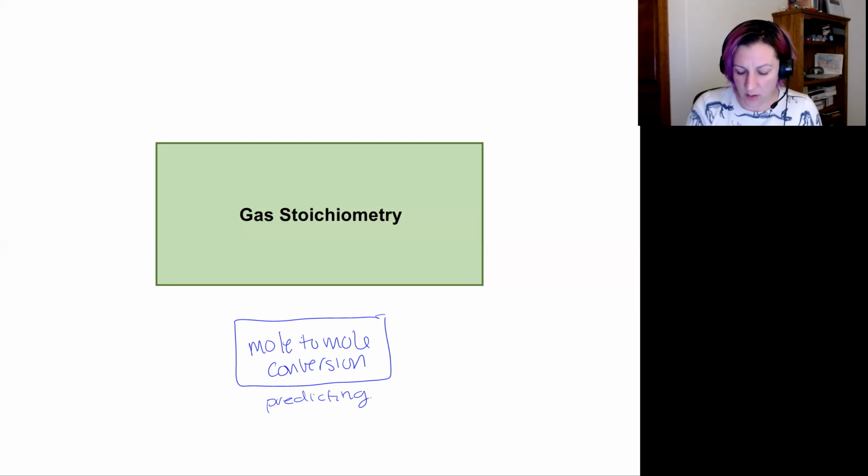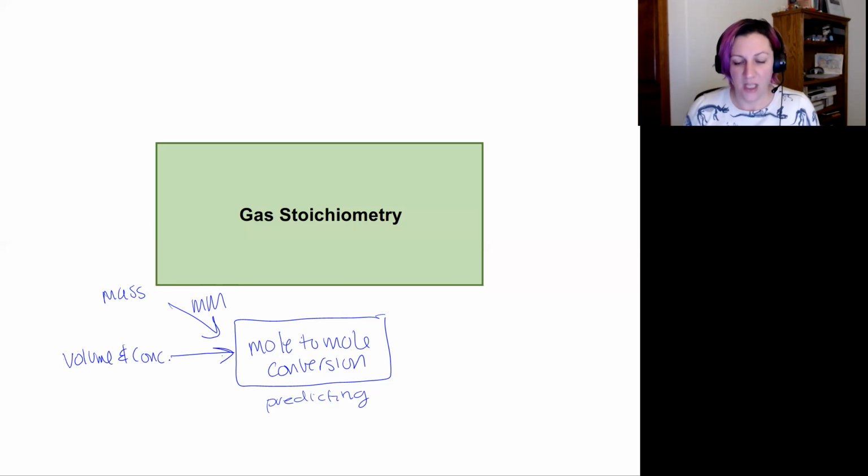And so we can get to moles either from mass using molar mass, or from a solution, so from concentration, like molarity, or from volume. And now we're going to be able to do it using the ideal gas law as well.